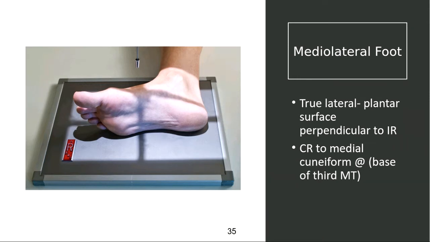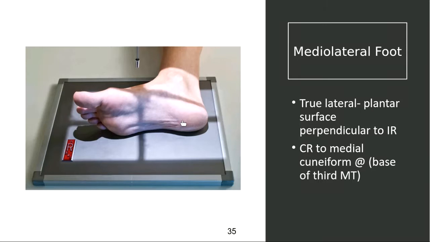And the last image we do of the foot is a lateral, and it's actually a medial-lateral foot. Again, because when you're standing in anatomic position, this is the medial aspect of the foot. This is lateral, so the projection is medial-lateral. In order for this to be a true lateral, you have to have the plantar surface perpendicular to the IR.